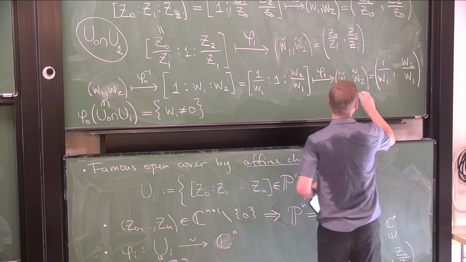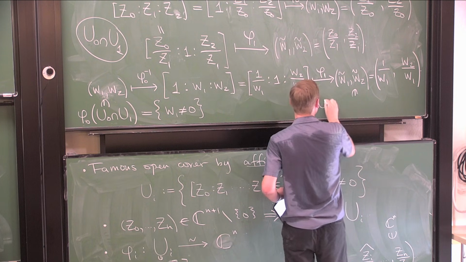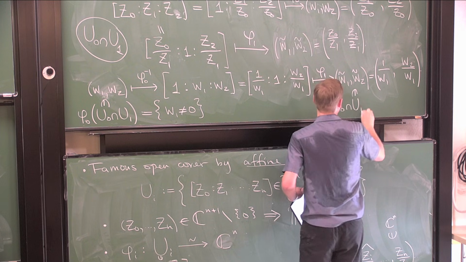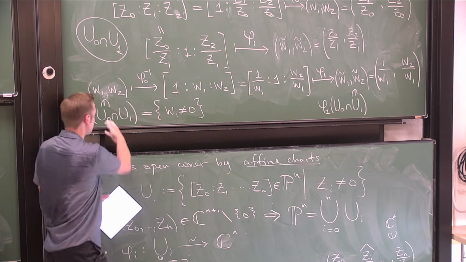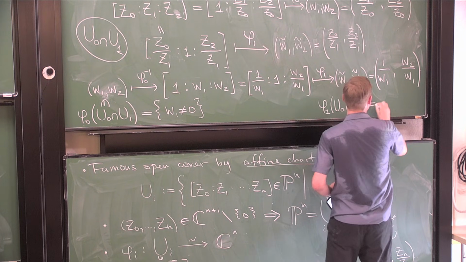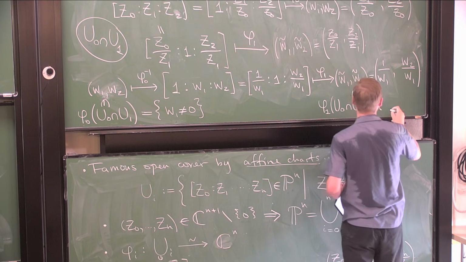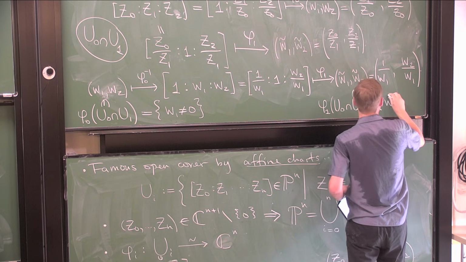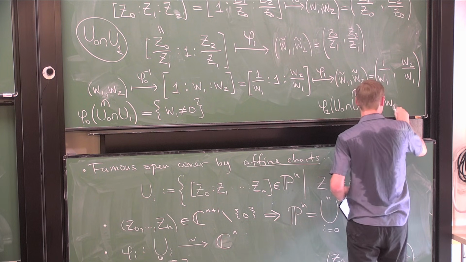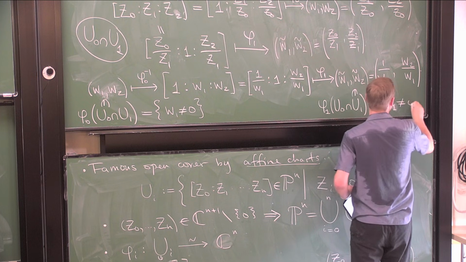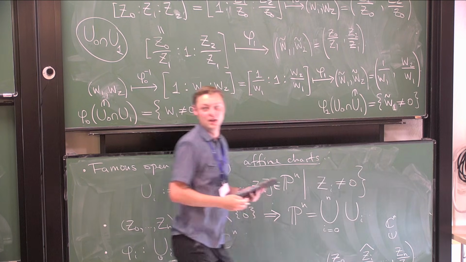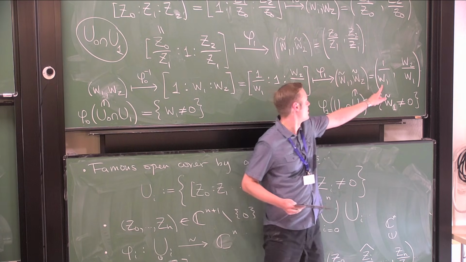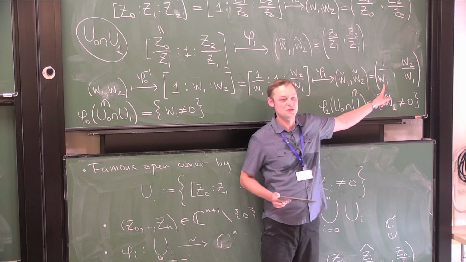And you can then see also that this guy falls inside the image of the double intersection under phi 1. And again, if you squint your eyes, you'll see that w1 tilde is non-zero, which, if w1 is non-zero, this first entry is definitely non-zero.